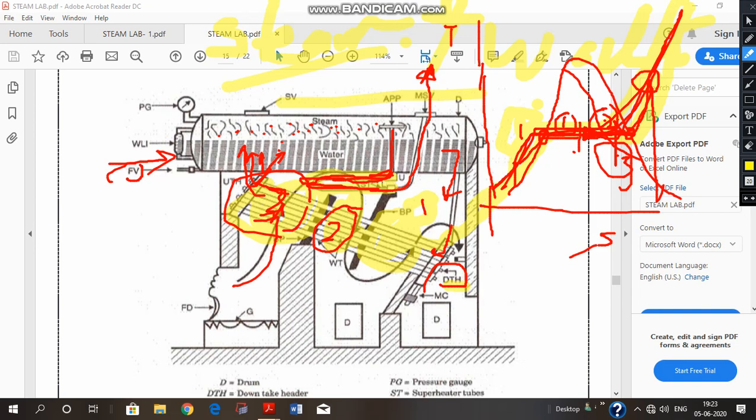So now water is at this temperature. Now the water is made to superheat. Water is superheated, its temperature rises, and now in this condition we can say that water has become superheated, and it is in a condition that we can take it for further processing.